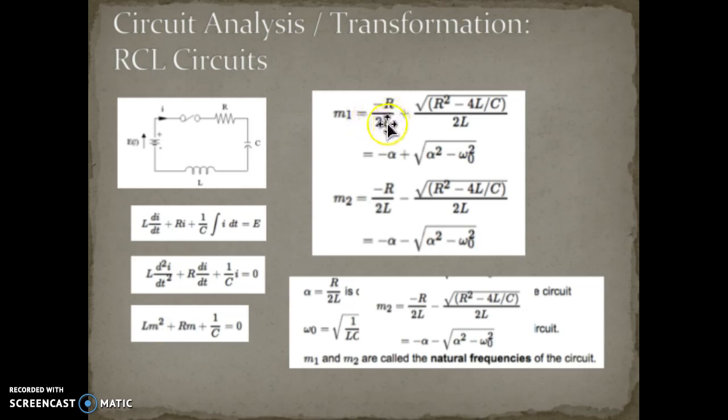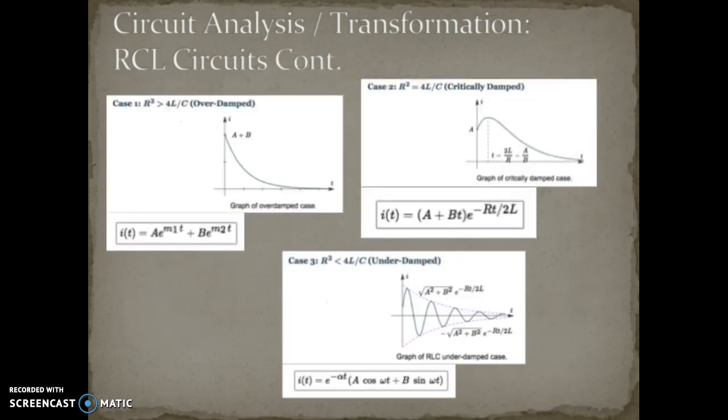So now we actually have three possibilities because of the rule of what's under the square root. It could be positive, it could be negative, or it could equal 0, depending on what the resistance, the inductance, and the capacitance are. So here are the three scenarios of when it's overdamped, critically damped, or underdamped.